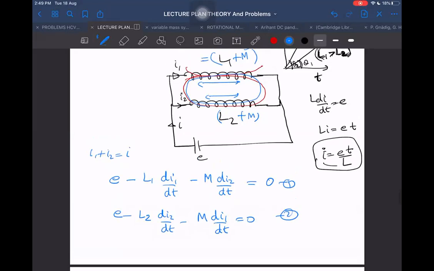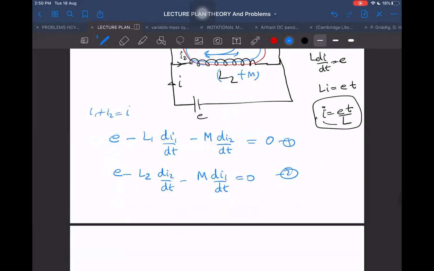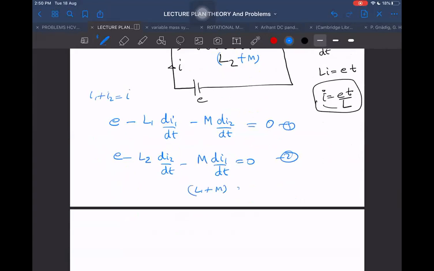Within this smaller loop also, I can write one equation: L1 plus M into di1 by dt is equal to L2 plus M into di2 by dt. This we also have. From the third equation, I can write L1 plus M into I1 is equal to L2 plus M into I2. Is it right or not? From the third equation.